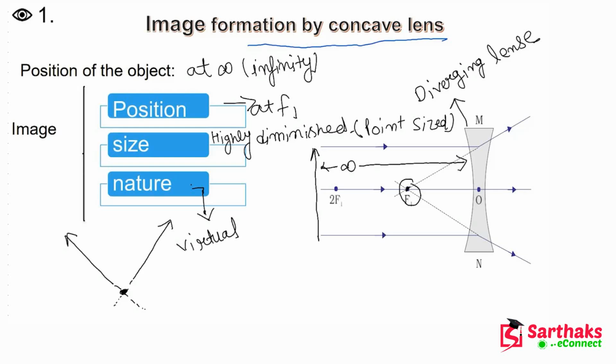And we also know that virtual images are always erect. So it means the nature of this image is virtual and erect. I hope you got me. Now, this is the first case in concave lens. Now, let's move on to the next slide and let's see what's there.